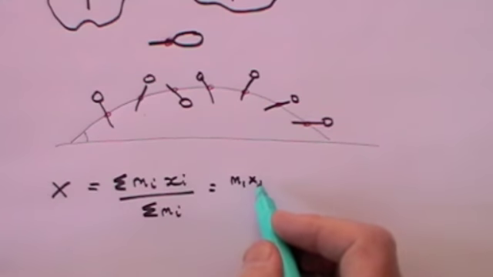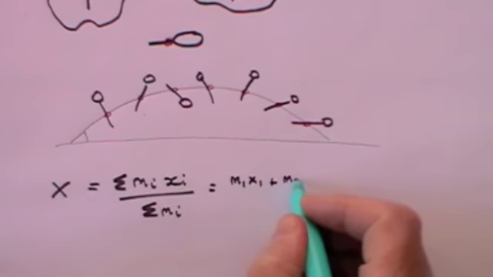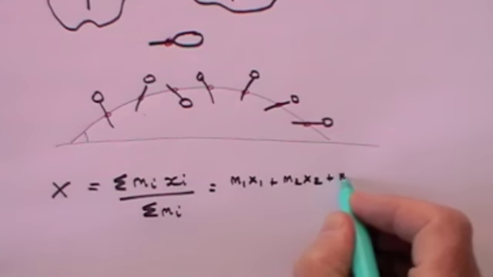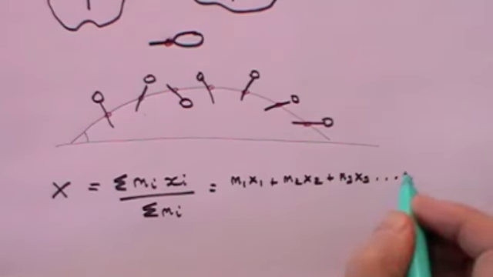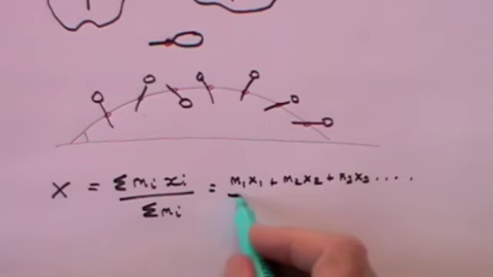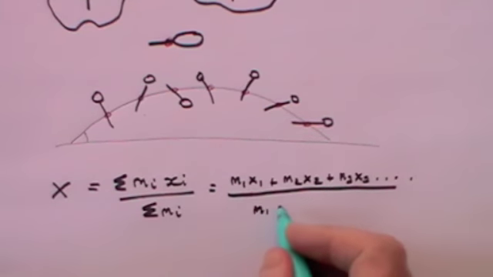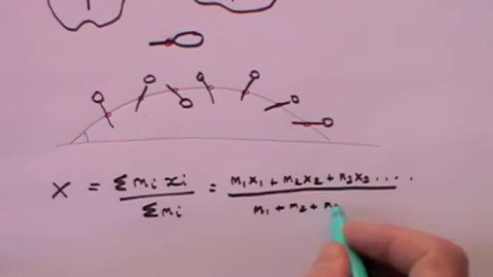In other words, the distance of m1 from the origin is x1, plus m2 x2 plus m3 x3 plus as many masses as you may have, divided by m1 plus m2 plus m3 for as many masses as you have. That's the definition of the position of the centre of mass.